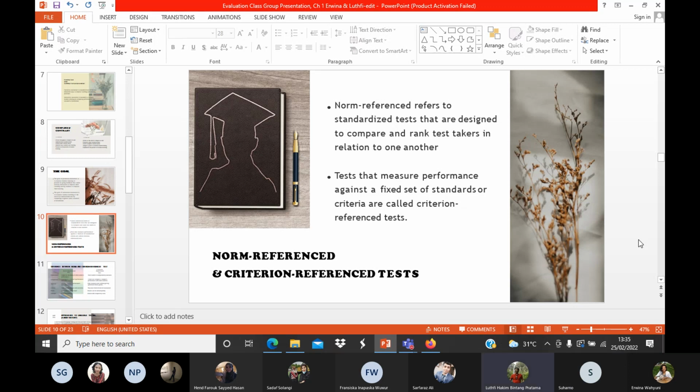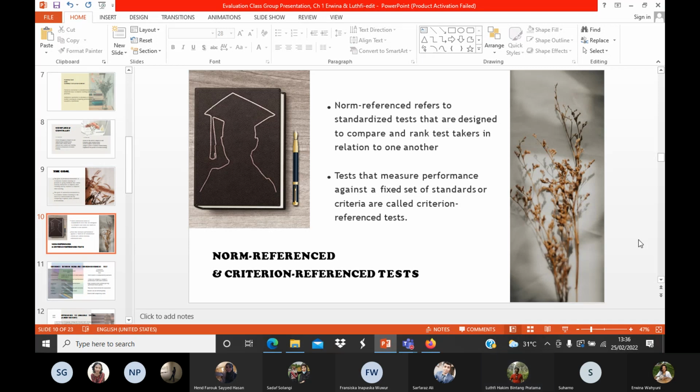Do we say a test is norm-referenced versus criterion-referenced? Actually, that is a slight misuse. The terms norm-referenced and criterion-referenced refer to score interpretation. Most tests can actually be interpreted in both ways, though they are usually designed and validated for only one of them, which is the primarily intended interpretation.